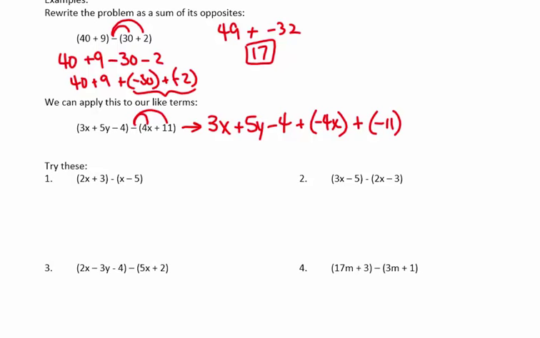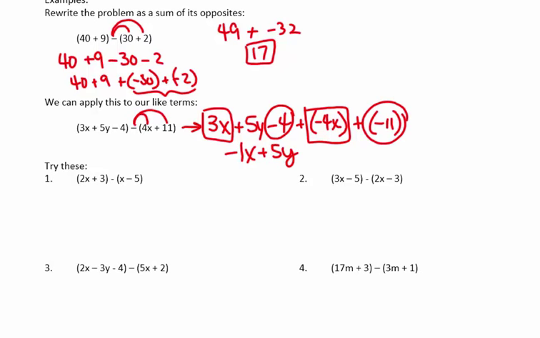We can combine the terms that are the same, so 3x and negative 4x, that's negative 1x, plus 5y, because there's nothing to combine that has y's. We have negative 4 and negative 11, which is minus 15 or plus negative 15. So this would be written in standard form, all the way simplified.